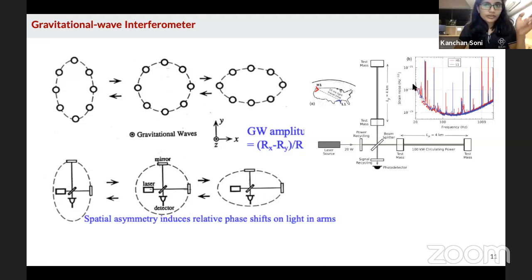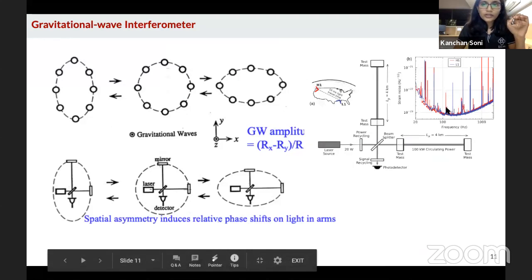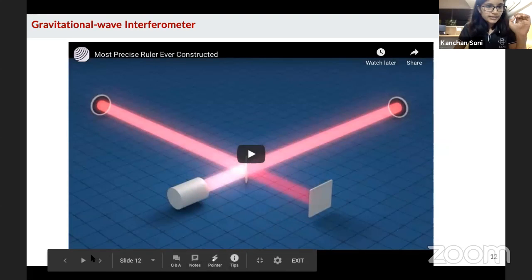It was somewhere around 10 raised to the minus 39. So this small change which we detect can only be possible through an interferometer kind of system. This is what we detect. And talking about what all challenges we face in terms of detecting this small change in the length will be seen in the next slide.